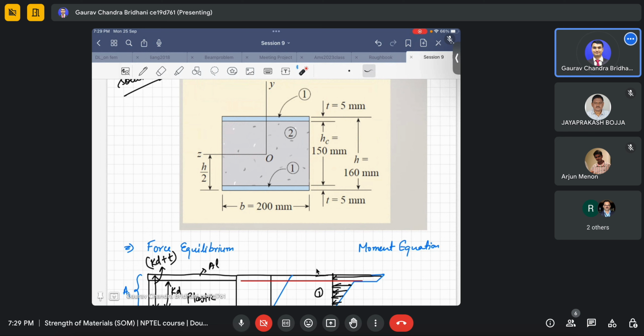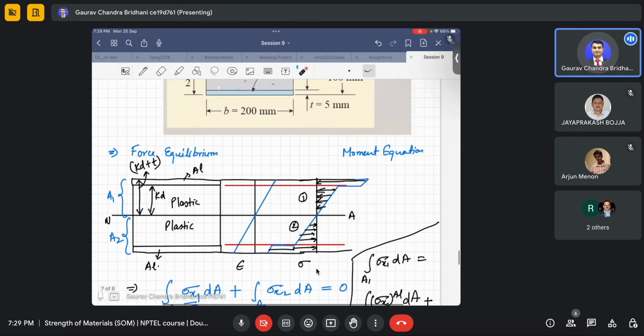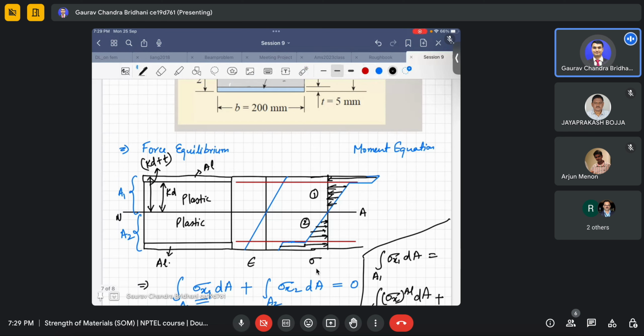Now, as I told, we have already used force equilibrium. We found using that the neutral axis, and luckily for this problem we already knew the neutral axis will lie at mid height. Now we have to consider the moment equation.